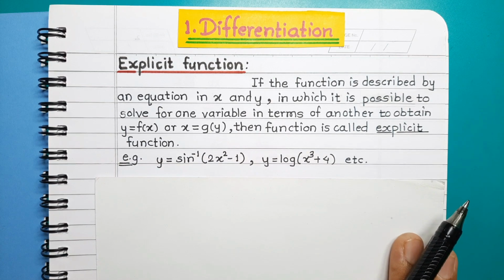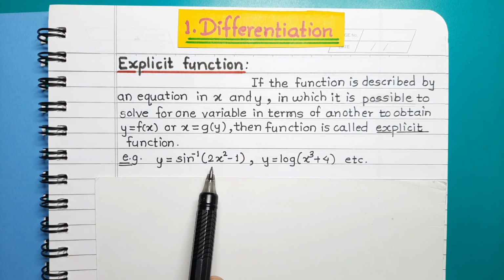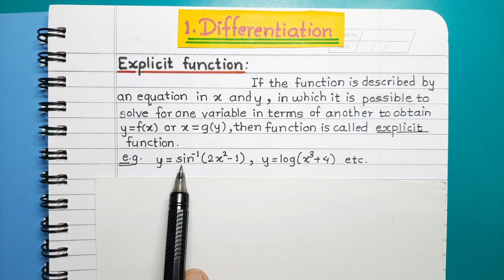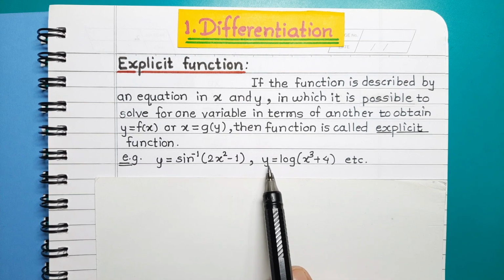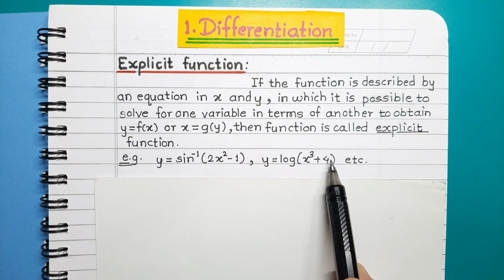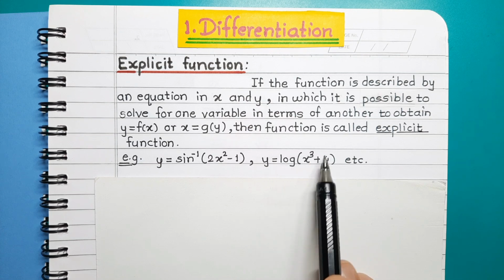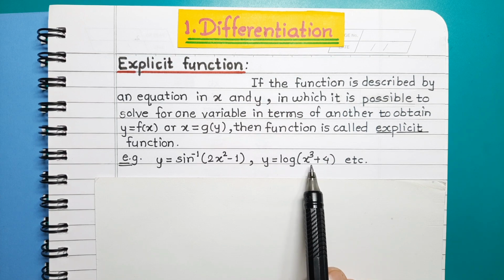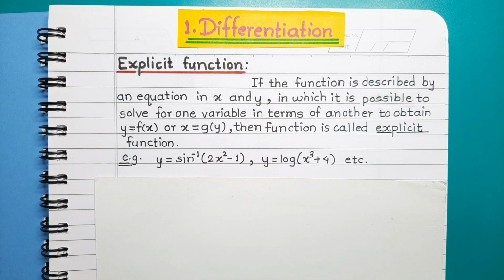For example, y is equal to sine inverse of 2x square minus y. You observe here that y is expressed solely in terms of x. Again, in the next example, y is equal to log of x cube plus 4. Here also y is expressed completely in terms of x. Many more examples can be given for explicit functions.